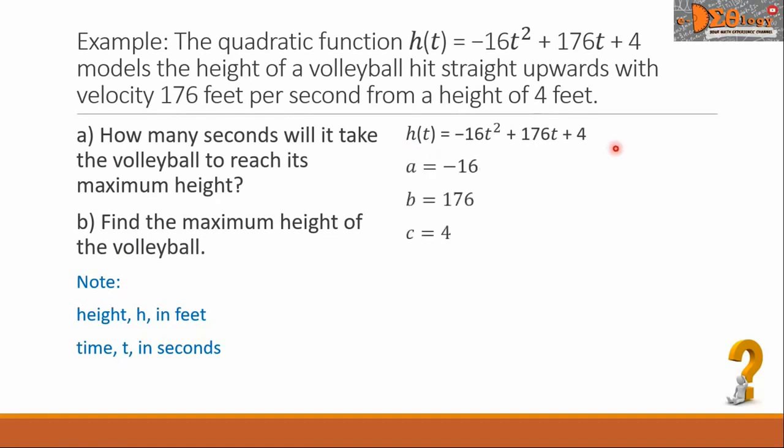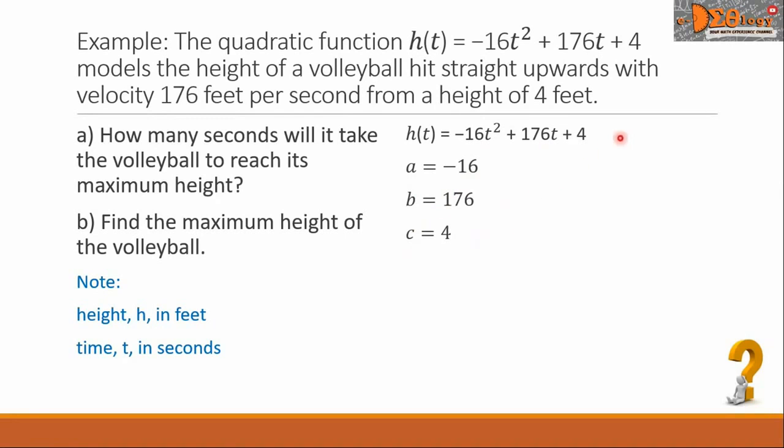And then let us collect the a, b, c. It means our a is the coefficient of the t squared, which is negative 16. The b is the coefficient of t, and that is 176. C is the constant, which is 4.